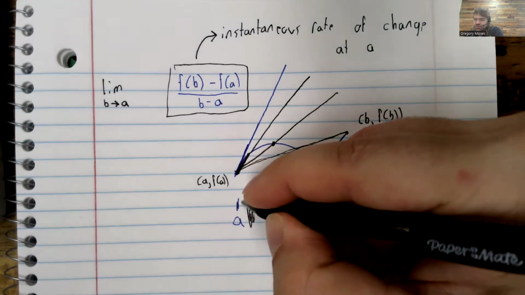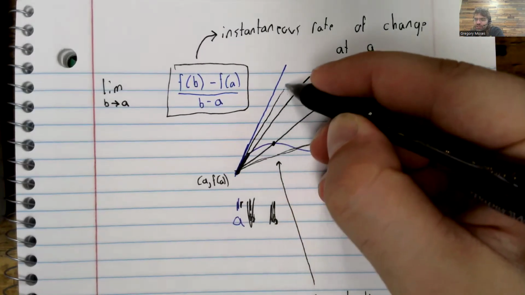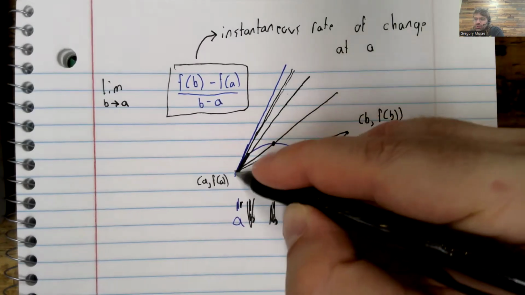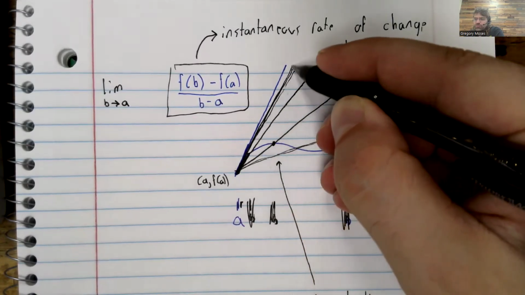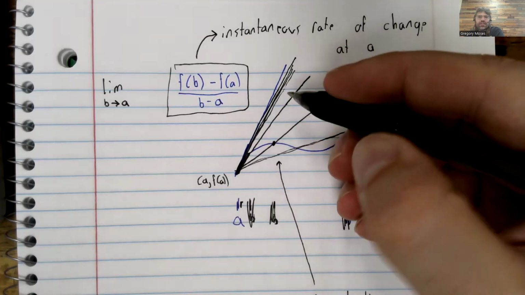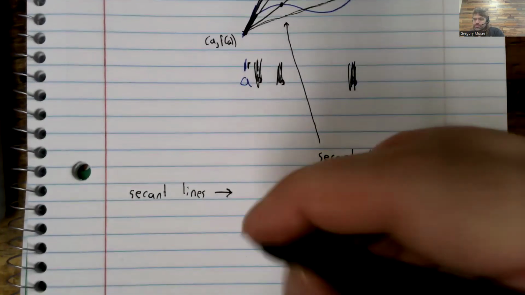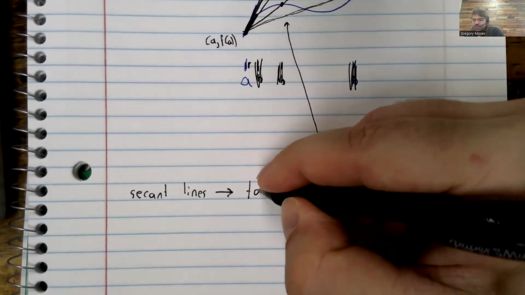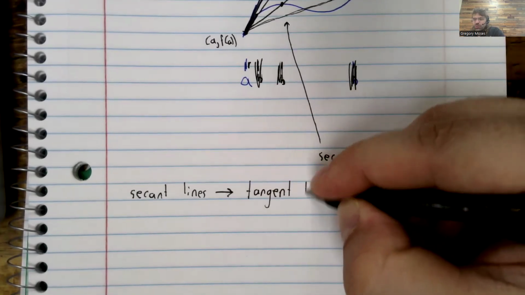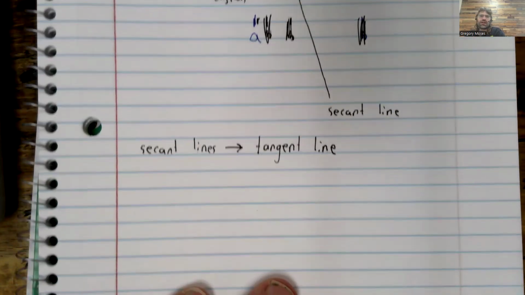As B gets closer and closer to A, these secant lines are getting closer and closer to that line that I drew here. And this line is called the tangent line.